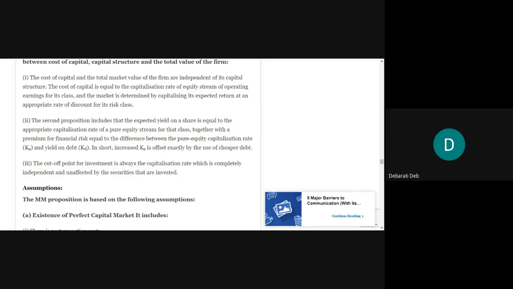If there is an advantage, that will be equalized by the use of debt which has a cheaper cost. KD is always cheaper than KE, that we have understood. I don't know if you remember or not, but due to that advantage, the increased KE will be offset by the use of this debt. Okay.